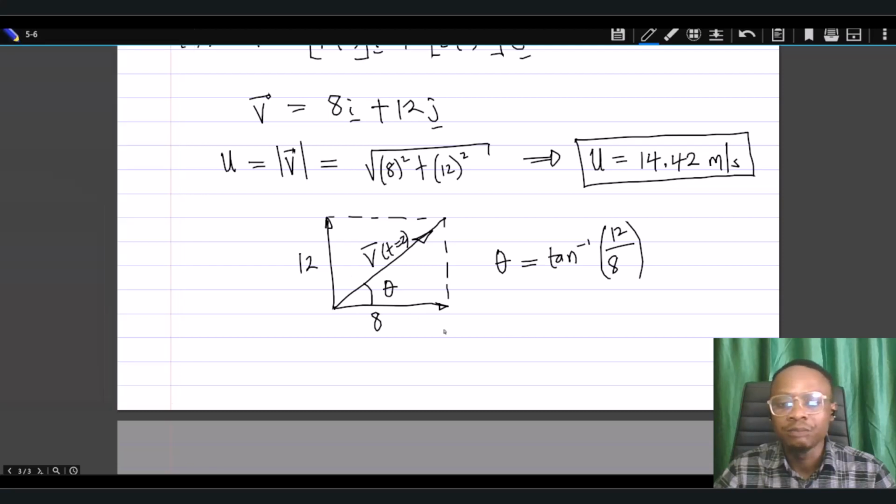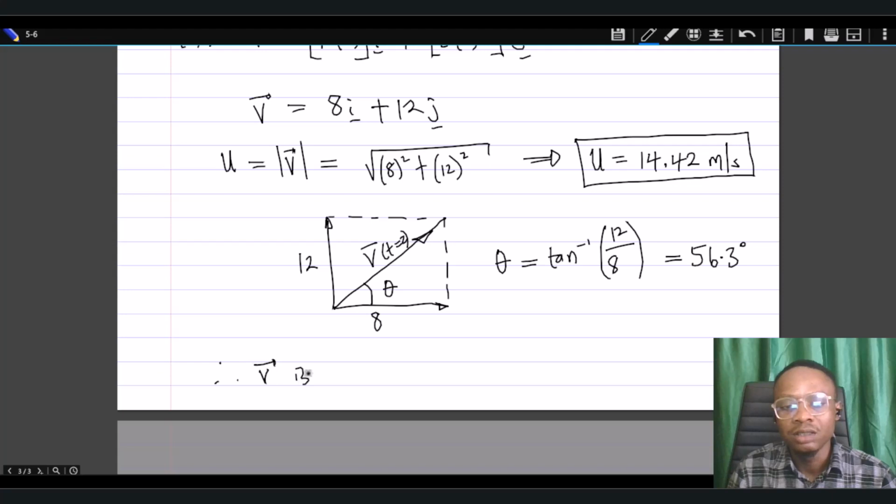So basically, theta is equal to 56.3 degrees. And therefore, we say that the direction of velocity v is at 56.3 degrees to the positive x-axis, so to the positive x direction.